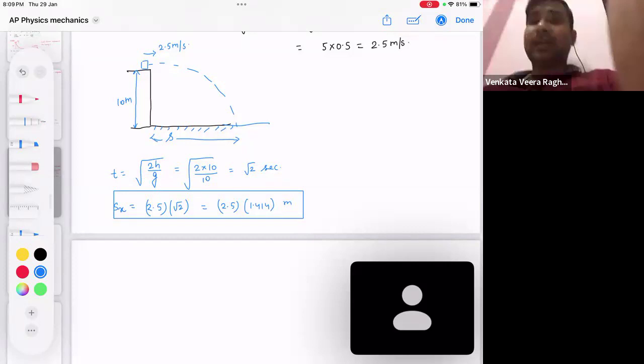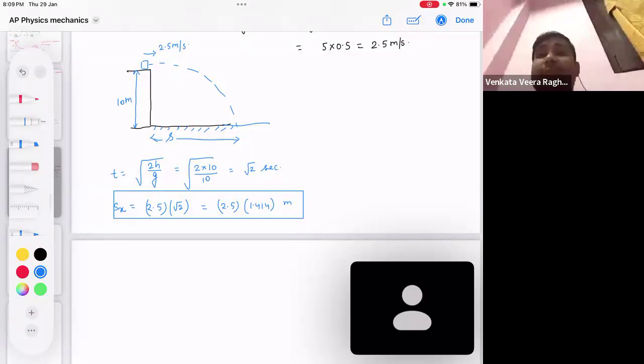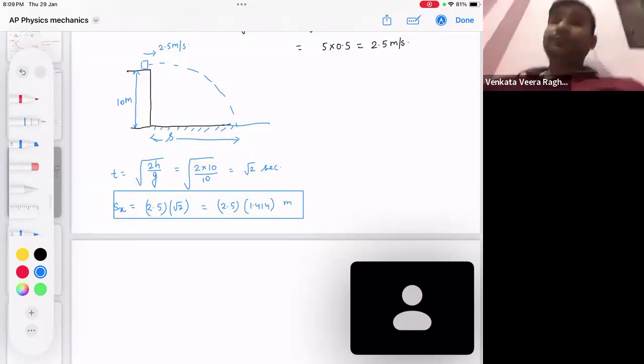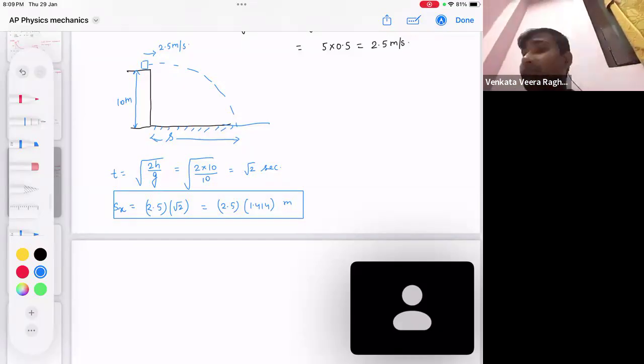Okay. So now we have learned one form of energy which is called the kinetic energy. Is that clear? And kinetic energy, how is it related with the work done? So using the work energy theorem, we can relate the kinetic energy of the body with the work done by all the forces.